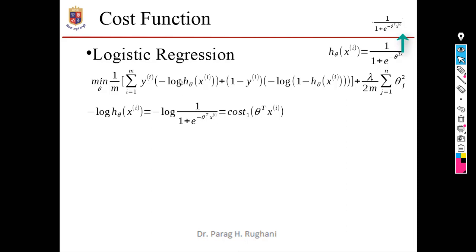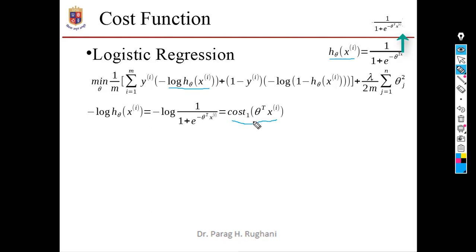So if I take the first term, where I have log h theta x of i, and replace this h theta x of i with this value, then I will have minus log h theta x of i equal to minus log 1 upon 1 plus e raised to minus theta transpose x of i. And then I am giving it a new name. I am calling it cost 1 theta transpose x i.